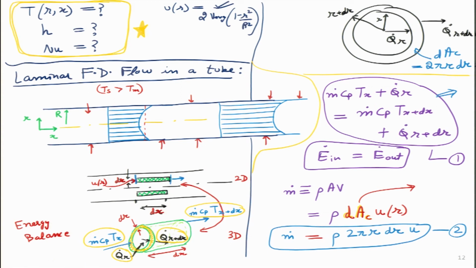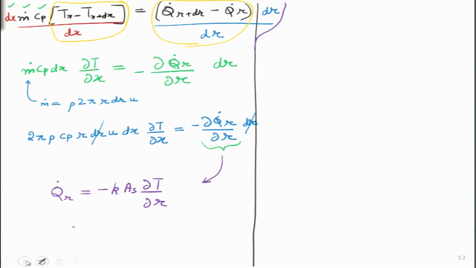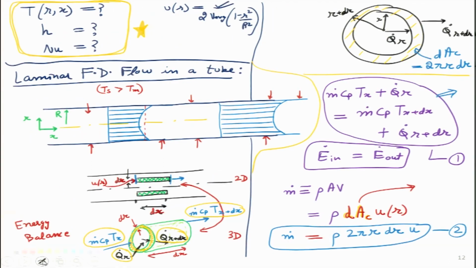So, AC we have seen was this cross sectional surface, that is why we put a C, and AS is the surface area, which will be this inside surface area over here. This inside surface multiplied by the length. So, from here we can get AS will be what? This inside periphery, which is 2 pi r, and the length of this cylinder we can get from here. The length of the cylinder we have taken as dx.